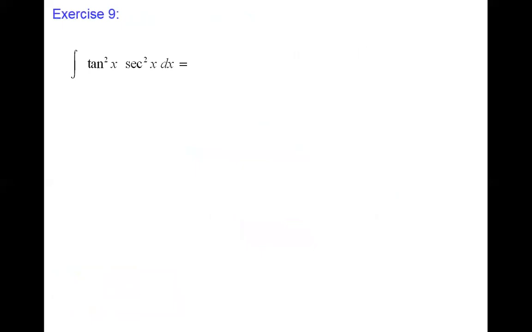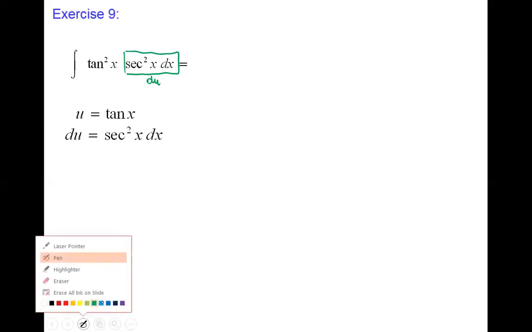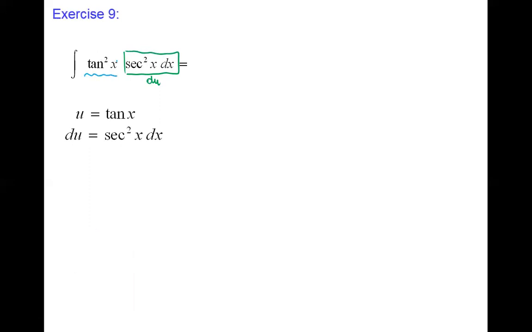Okay, see tangent squared of x times secant squared of x dx. We can see it's nice and easy, because we do have both even, so we will let u be tangent of x. That means this one is almost nothing to do, because I see the derivative of tangent right away. That means this will give me du, which is the derivative of tangent, and the rest of the integrand must be rewritten in terms of tangent, and it is.